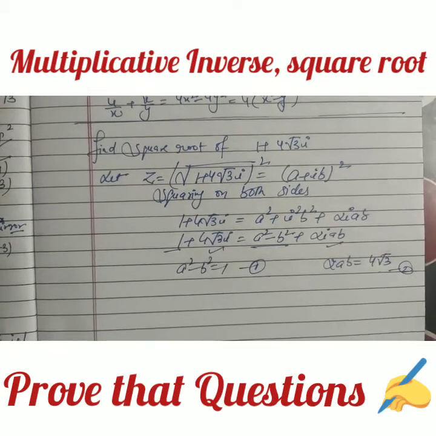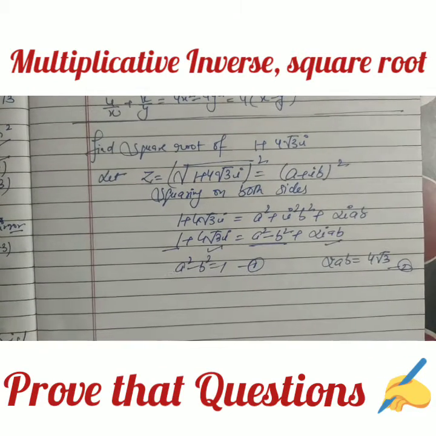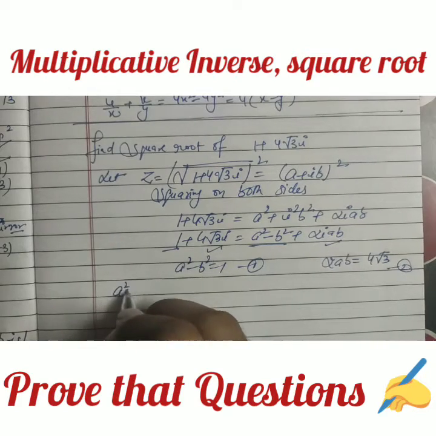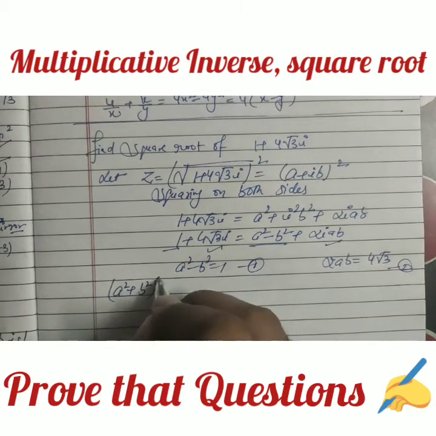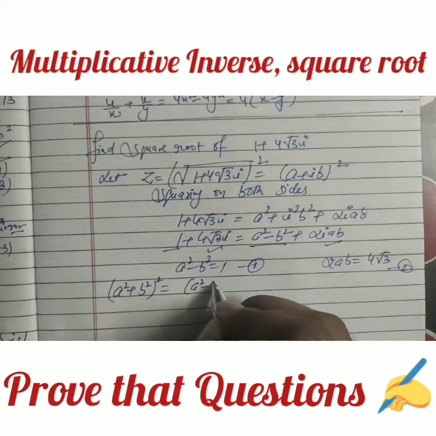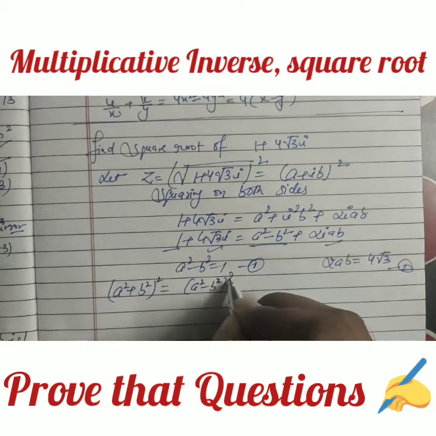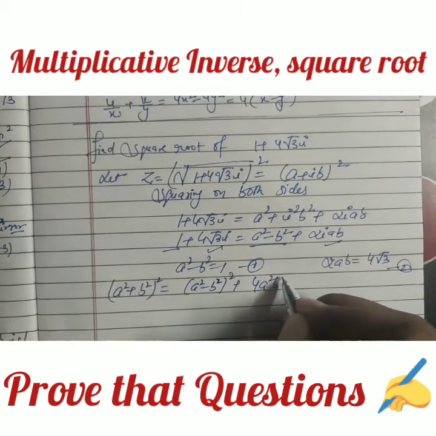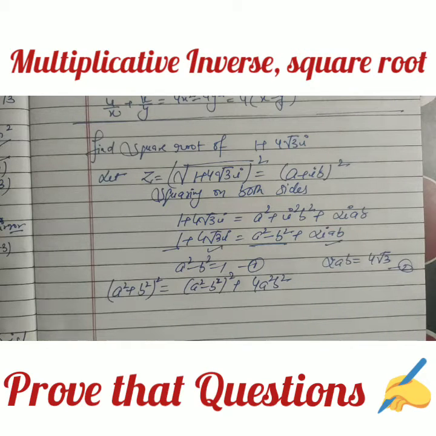Now we use the identity that (a square plus b square) whole square can be written as (a square minus b square) whole square plus 4 times a square b square. We have to remember this identity.